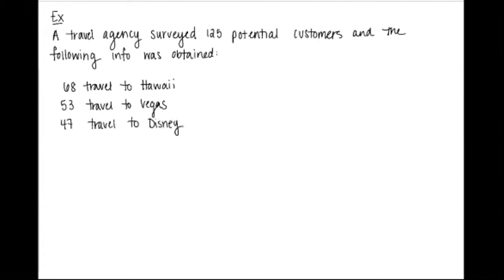And now there's people that were willing to do more than one spot. So 34 would travel to Hawaii and Vegas. 26 would travel to Vegas and Disney. 23 would travel to Hawaii and Disney.